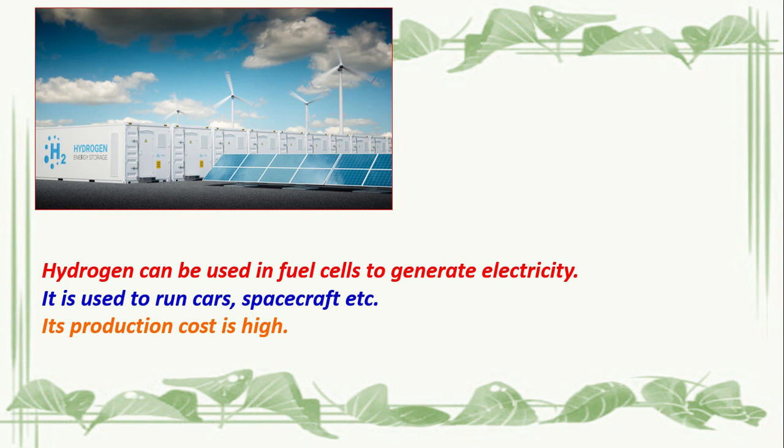It is always combined with other elements, such as with oxygen to make water. So we have to separate this element from others. For this reason its production cost is high. And this hydrogen can be used in fuel cells to generate electricity. It is used to run cars, spacecraft, etc.